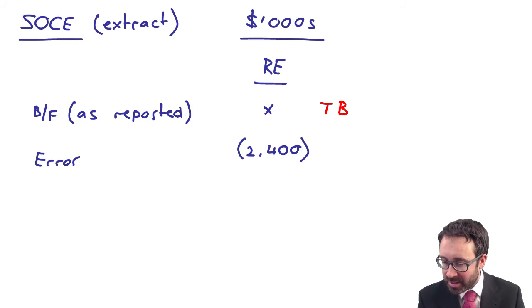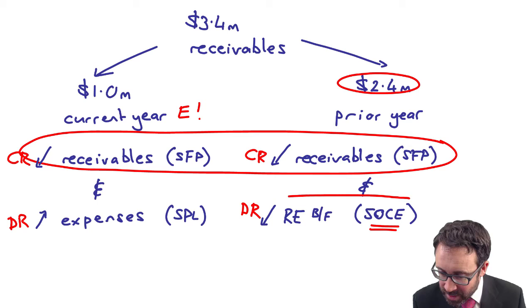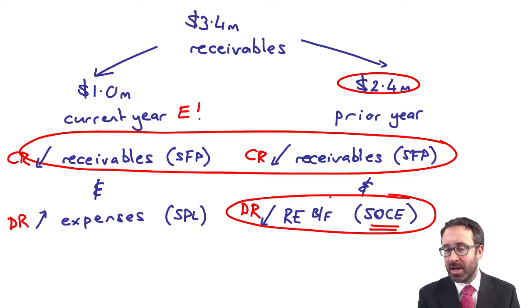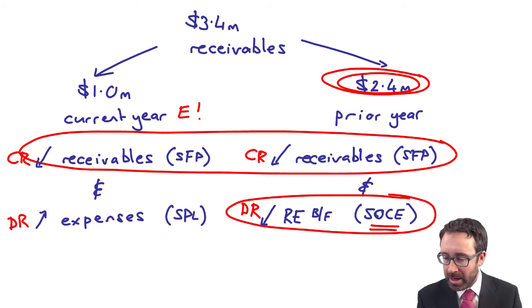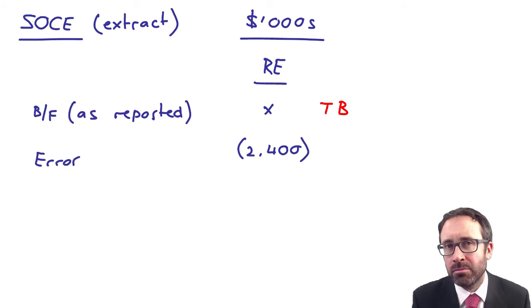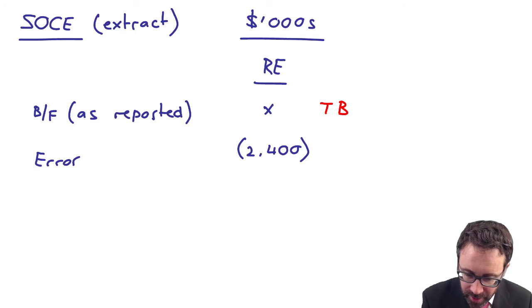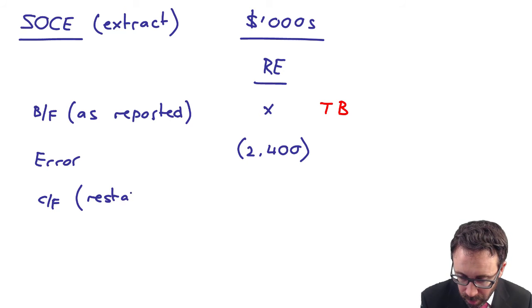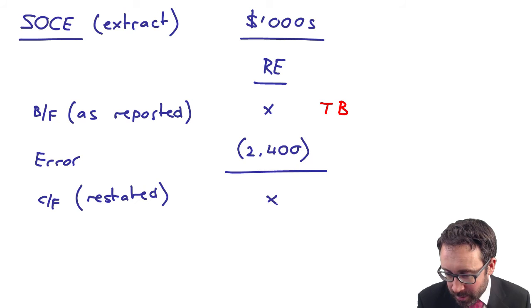So that there is effectively what we're doing here: the debit to the retained earnings in the statement of changes in equity for that 2.4 million dollars. That then goes through there and gives you your carry forward, so your restated retained earnings.